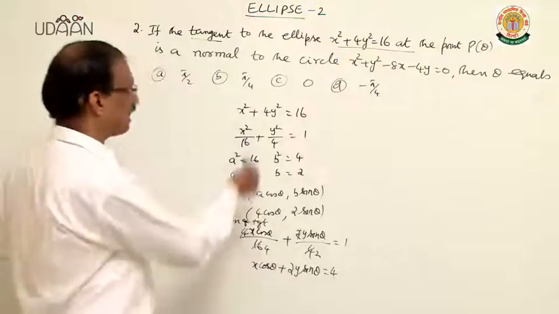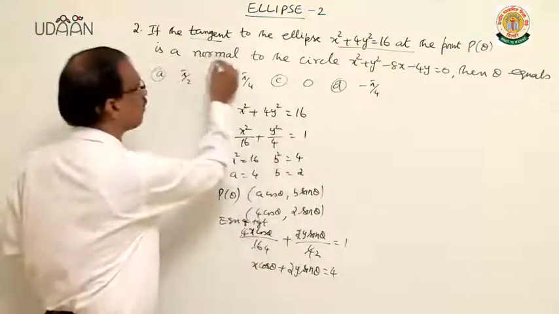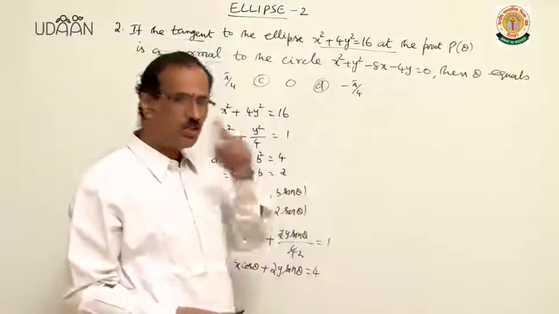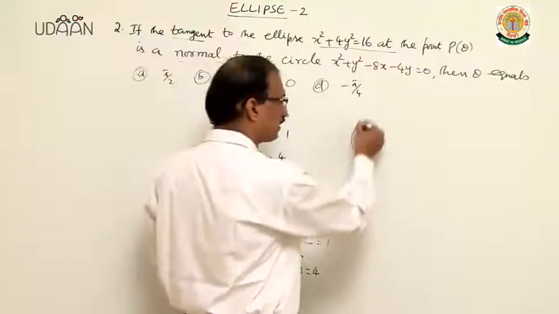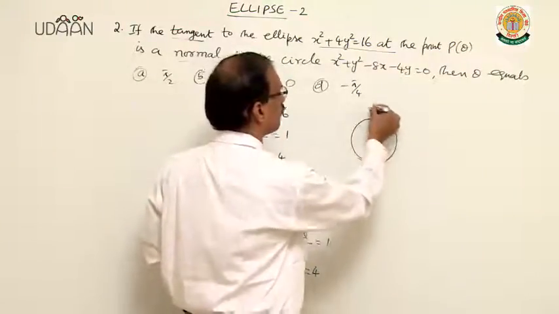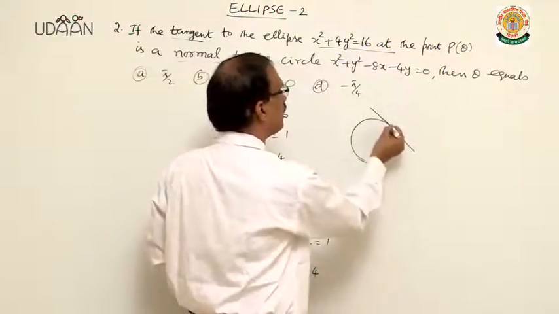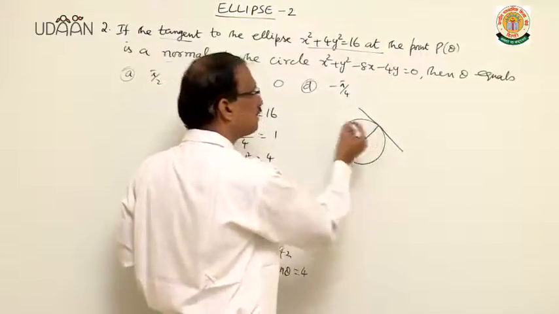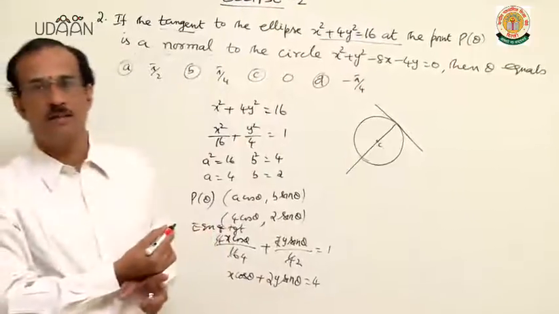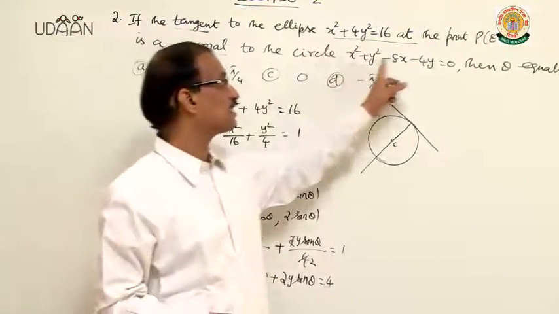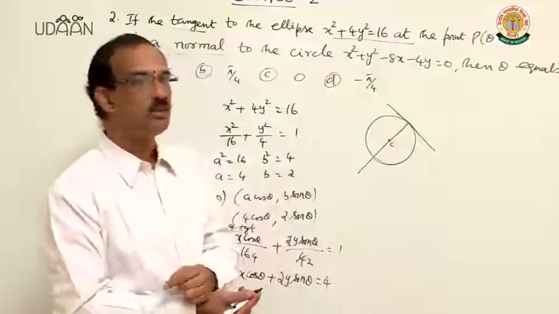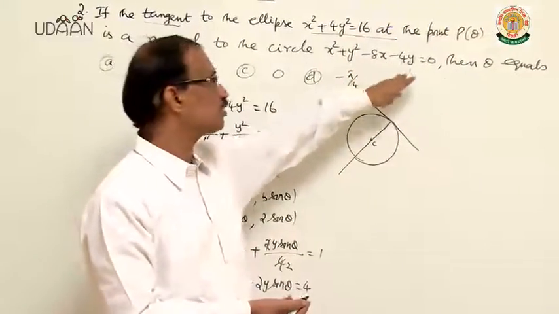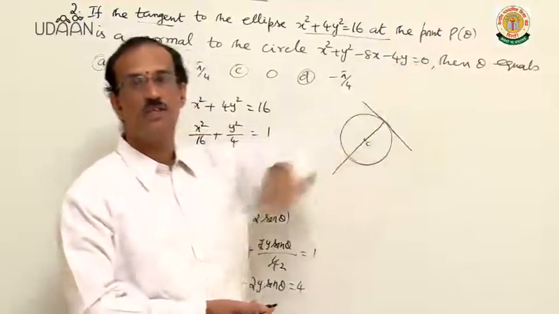Now what they say is that this is your normal to the circle. You know that if a circle is there and you draw a tangent and a normal, this normal always passes through the center of the circle. So what is the center of this circle? First we have to find out. It looks like the x square plus y square plus 2gx plus 2fy plus c equal to 0 format.